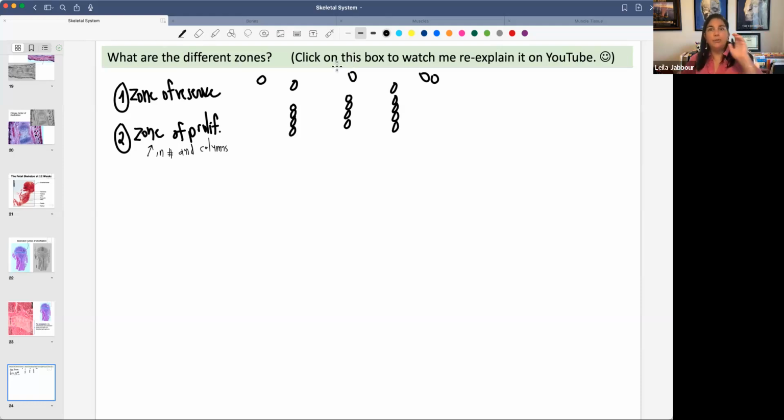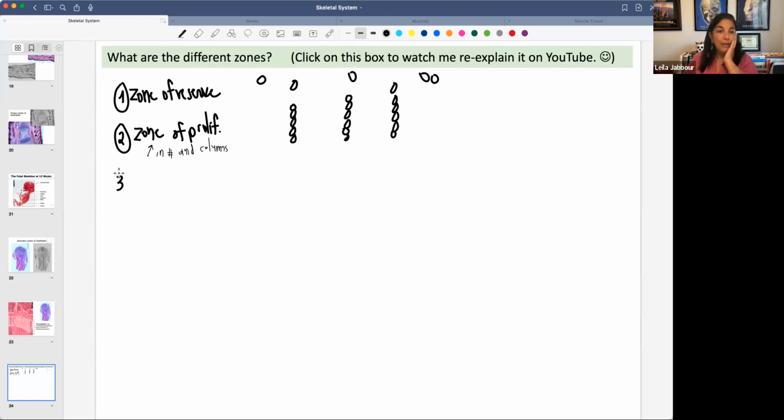Cells don't just multiply. But here, because of growth factors, hormones and other messenger molecules coming in to drive this proliferation, the cells multiply in numbers, and all of a sudden we just kind of boom, boom, boom, line up in rows.